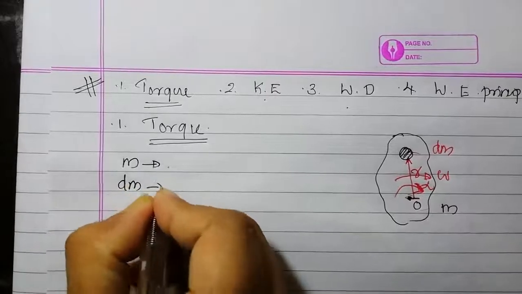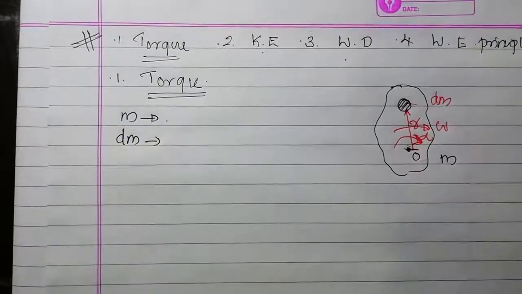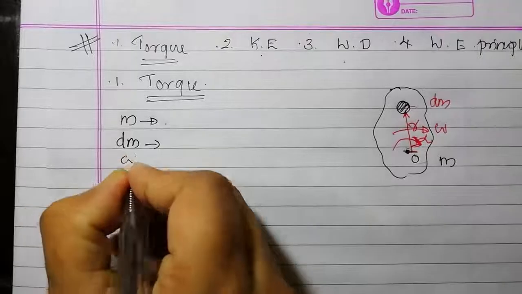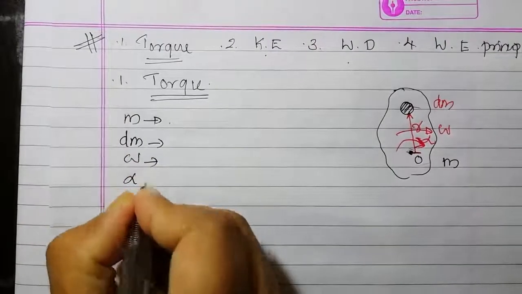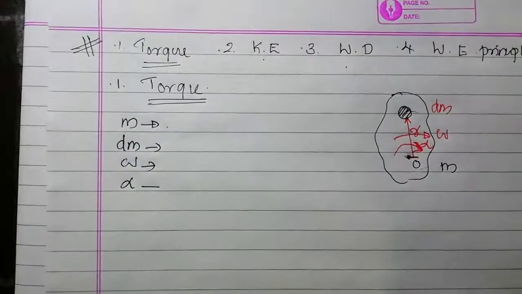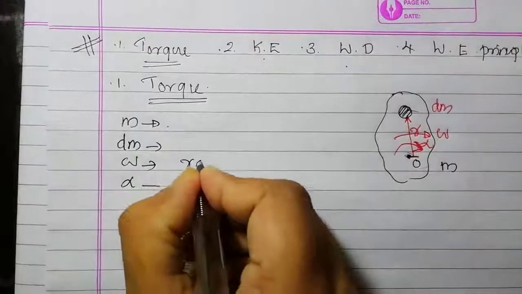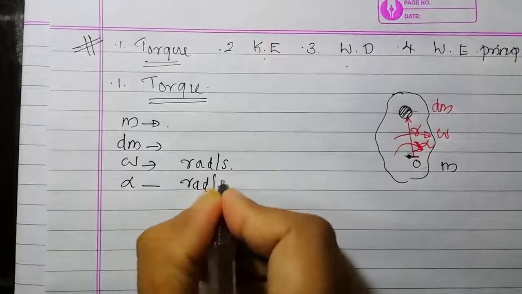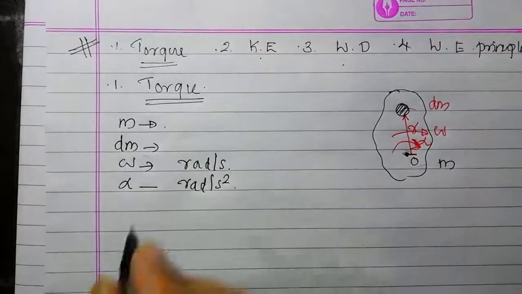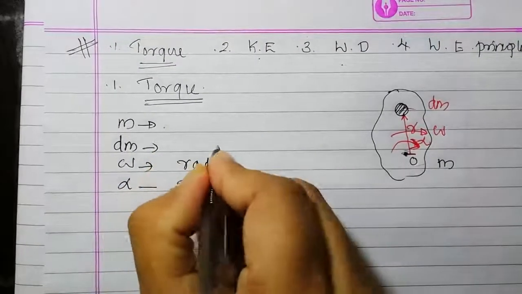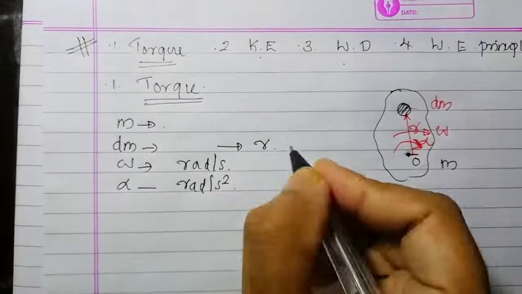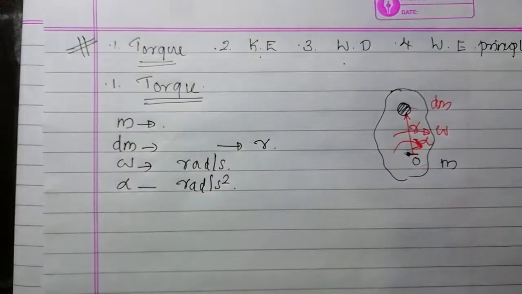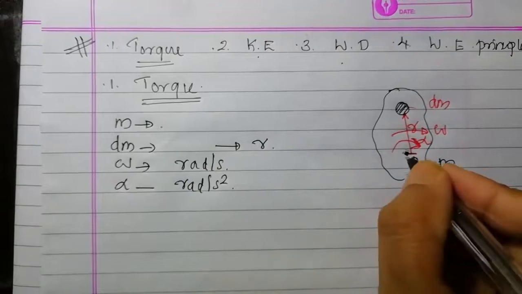Dm is the mass of the element we considered. Omega is the angular velocity. Alpha is the angular acceleration. The unit of omega is radian per second. Unit of alpha is radian per second square. Then the element dm is at a perpendicular distance r from the origin point O.